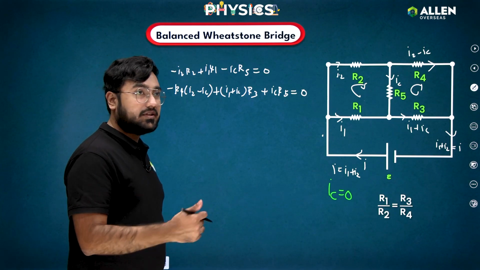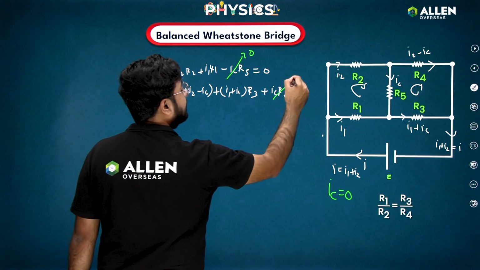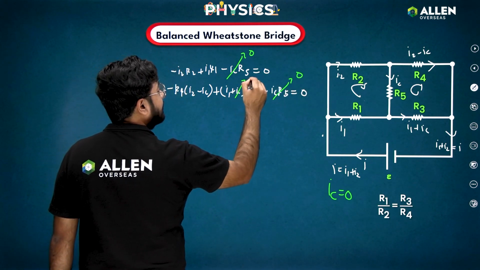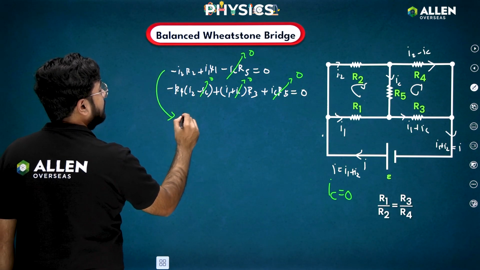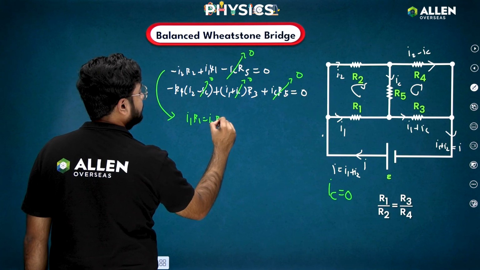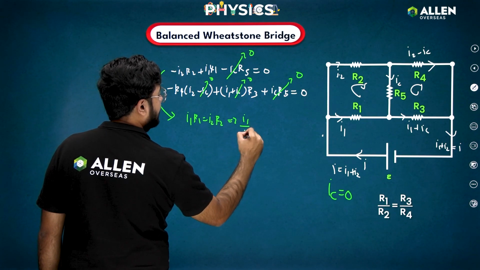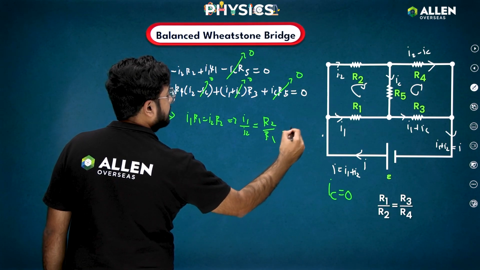then what is going to happen? Let us see. IC is 0. From the first equation, what you have? I1 R1 is equal to I2 R2, which means I1 over I2 is equal to R2 over R1.